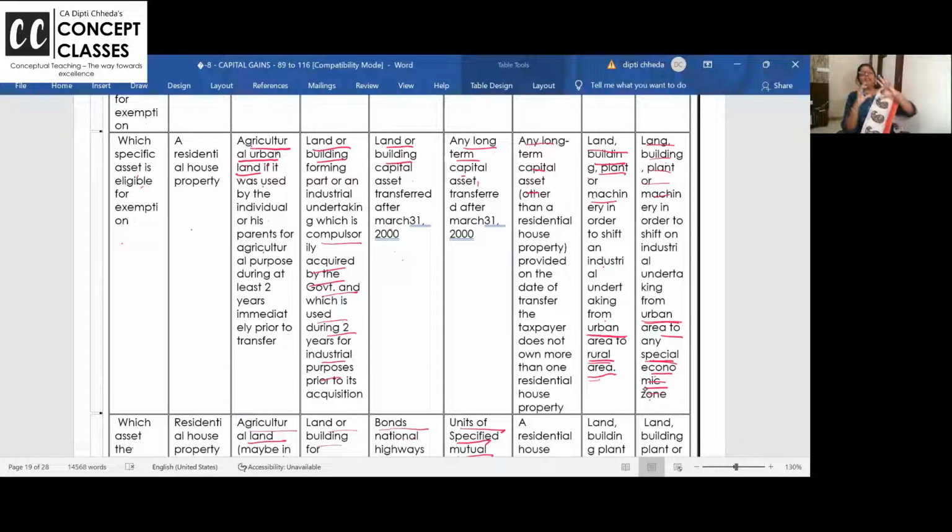Every state has a special economic zone, an area in which you don't have to pay any local taxes, GST, income tax, nothing. But the promise is, whatever you do, manufacturing or service, it should be exported. Dollars should come to India, rupees should go out. So if you shift your undertaking from the urban city's heart to a special economic zone, it's good for development, no? So you can claim exemption.